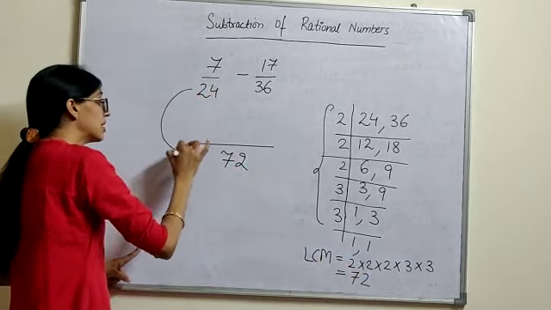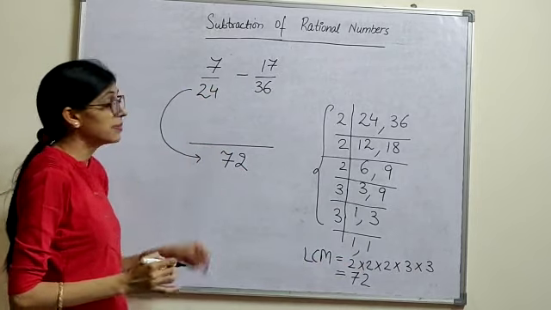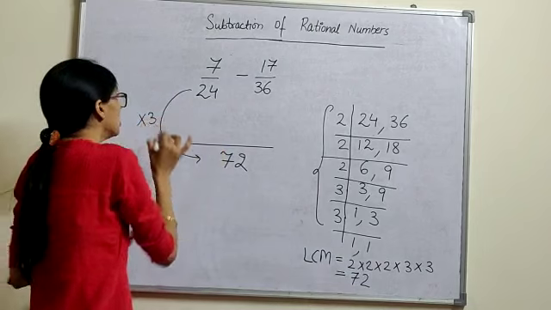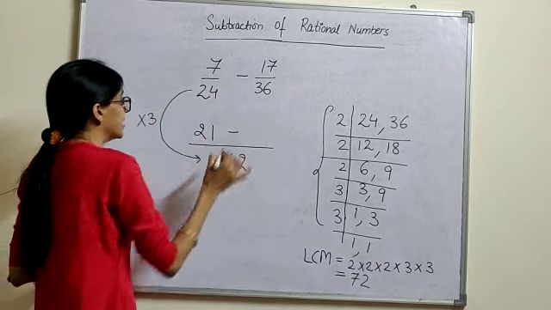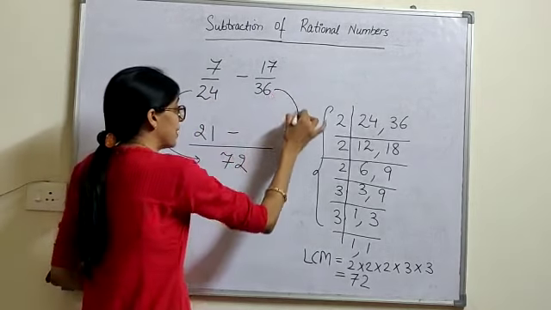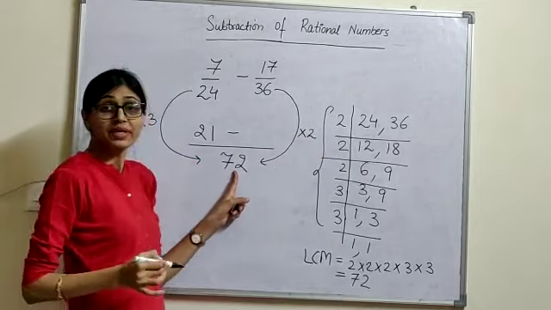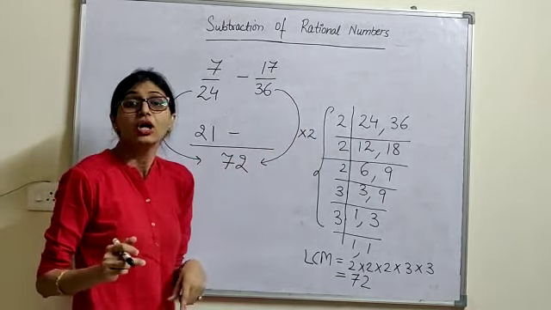Now again similar to the previous question, 24 when multiplied by 3 gives 72. So 7 3s are 21, minus. 36 when multiplied with 2 gives 72. So 17 is also multiplied by 2.